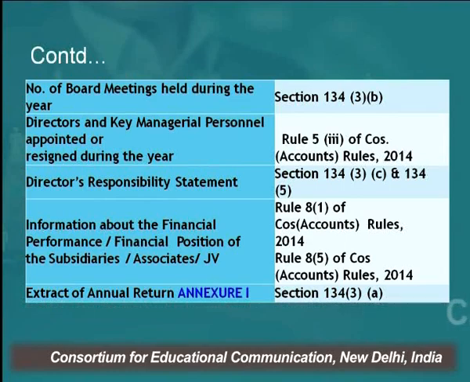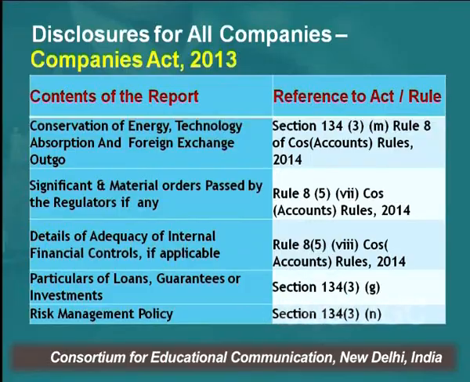Section 134 is very wide, which actually prescribes most of the key information which you are supposed to disclose in your annual report. Suppose you have some conservation of energy, technology absorption and foreign exchange outgo details, you have to report as per section 134 subsection 3 clause M, rule 8 of Companies Accounts rules 2014.